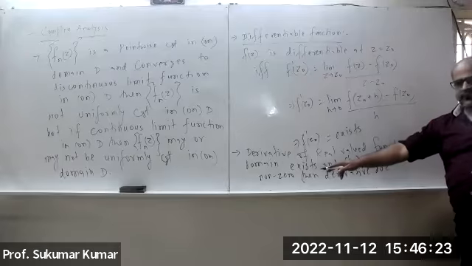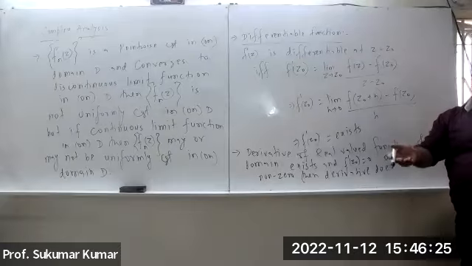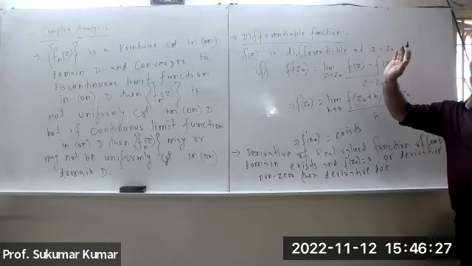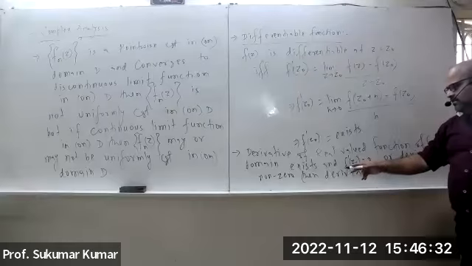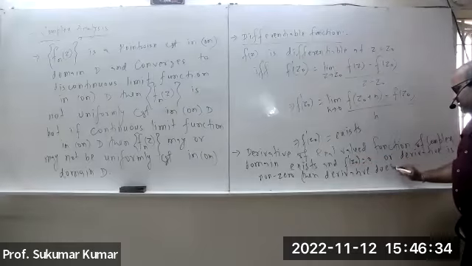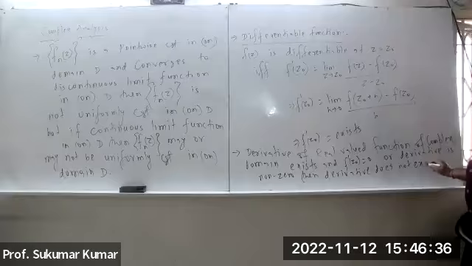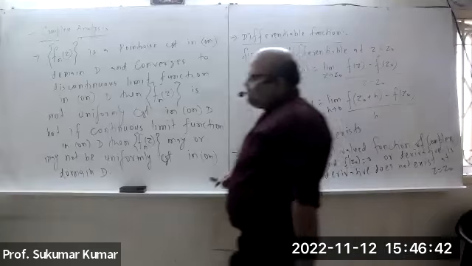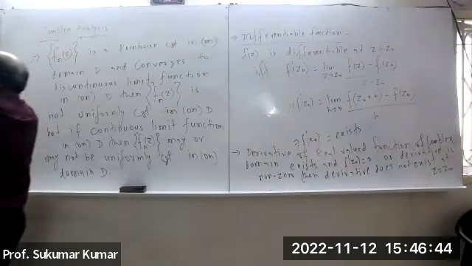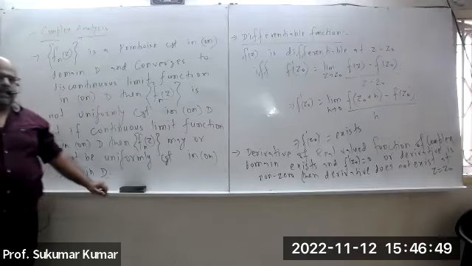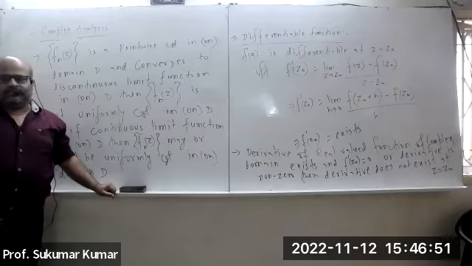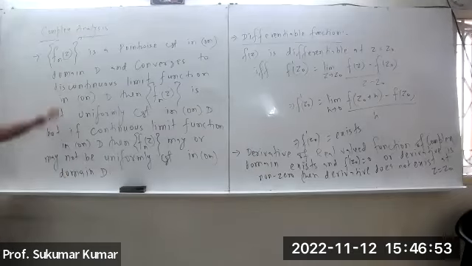They won't write that it is non-zero. They will write derivative is 0 or derivative does not exist. So derivative does not exist at z equal to z naught. Right. This side is finished.